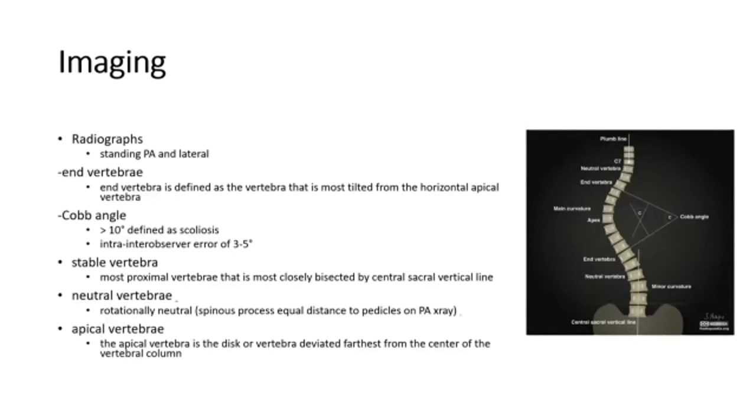These are bisected. This one is bisected again by the central sacral vertical line, but this is the most proximal that is really bisected. So these are very important definitions.